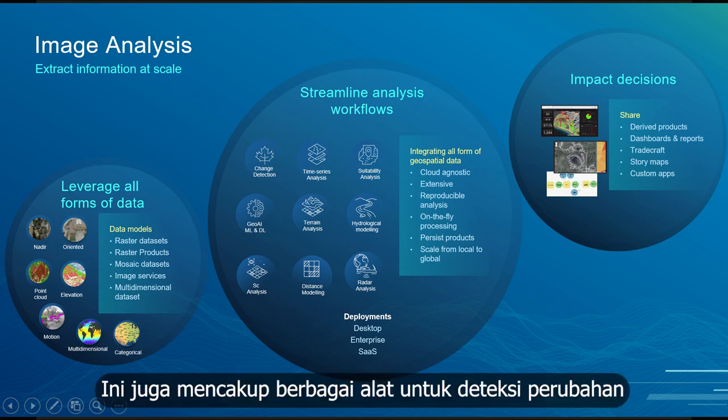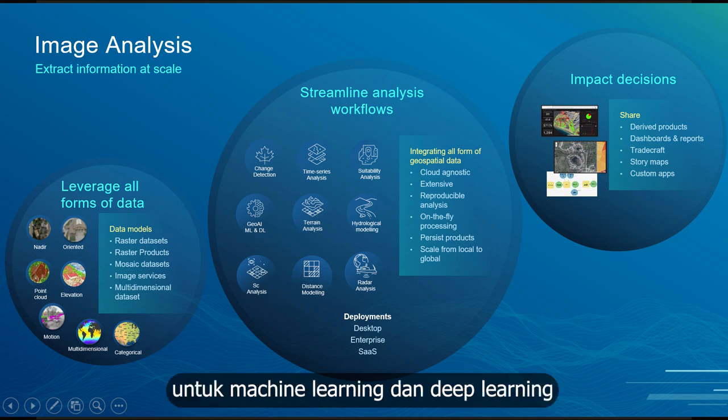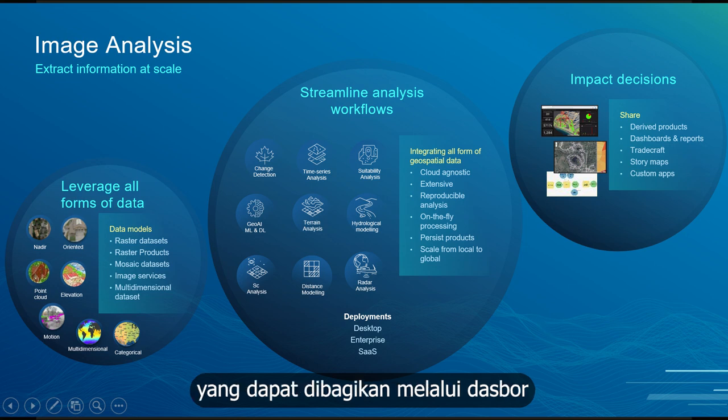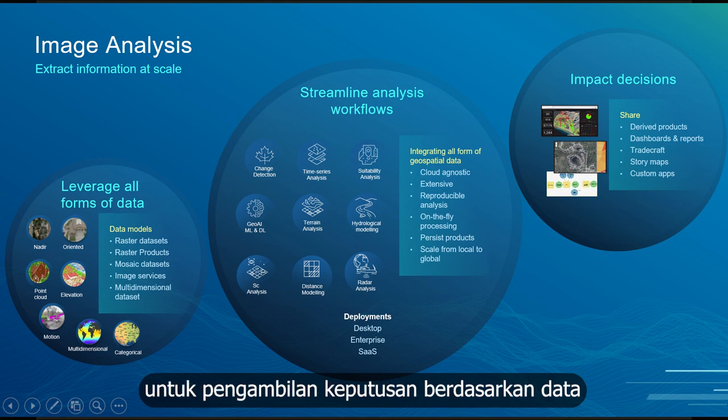It also includes tools for change detection, terrain analysis, and GeoAI for machine learning and deep learning. And insights coming from imagery can be shared through dashboards, reports, story maps, and other custom applications, enabling data-driven decisions.